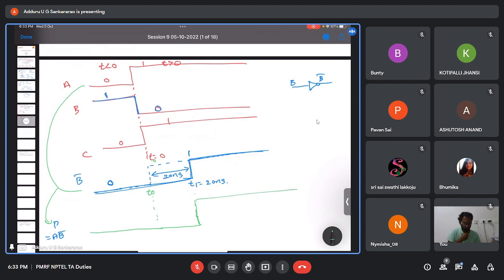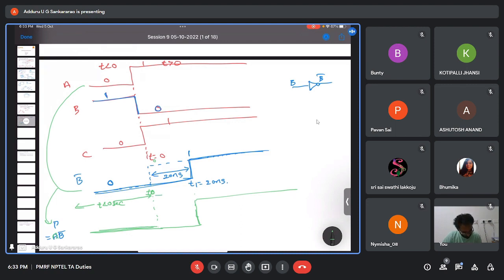So what I am doing, see, for T less than 0, that means this interval, both A and B bar are zeros, you can see here. So P, that is A AND B bar, is 0, right?